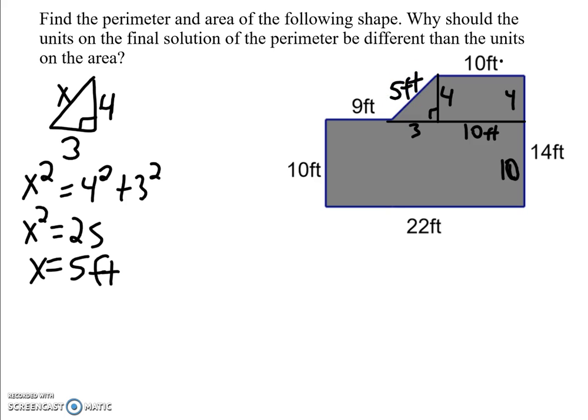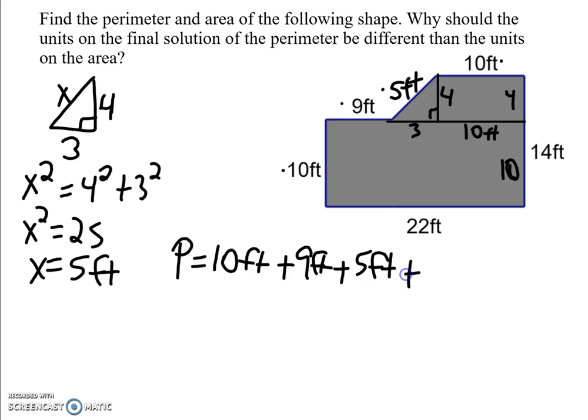So if I'm doing the perimeter, I know the perimeter is the sum of all the lengths of the outside, around the shape. So I've got 10 feet, there's my 10 foot, plus 9 feet, plus 5 feet, put a little dot by each of them, plus the 10 feet there, plus 14 feet, and then plus 22 feet.